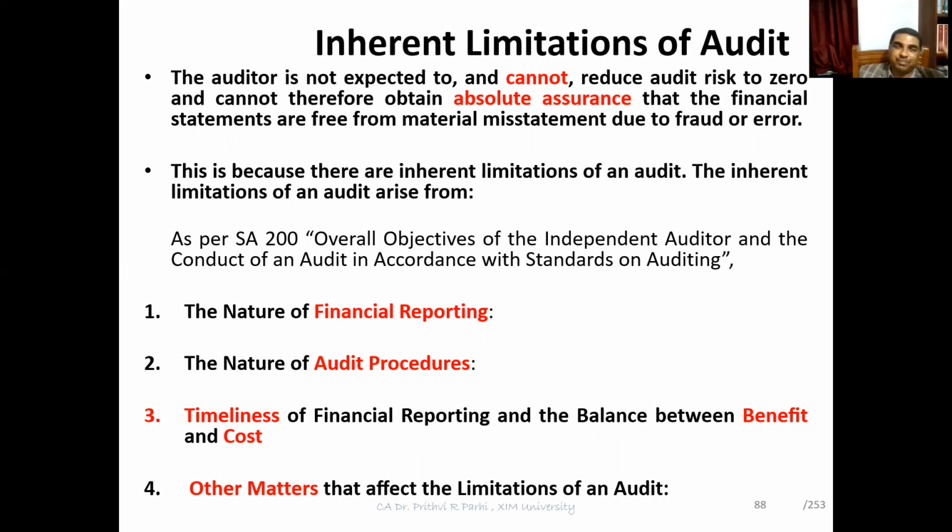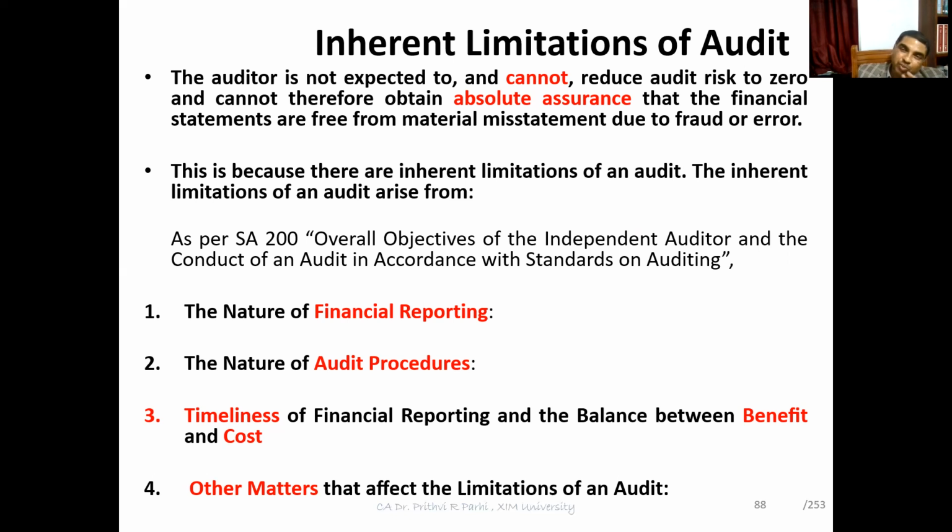First of all, the nature of financial reporting. The nature of financial reporting is such that it creates a limitation for the audit, because the preparation of financial statements involves some assumptions, estimations, and judgment. So the very nature of the financial statements is such that audit risk cannot be reduced to zero.